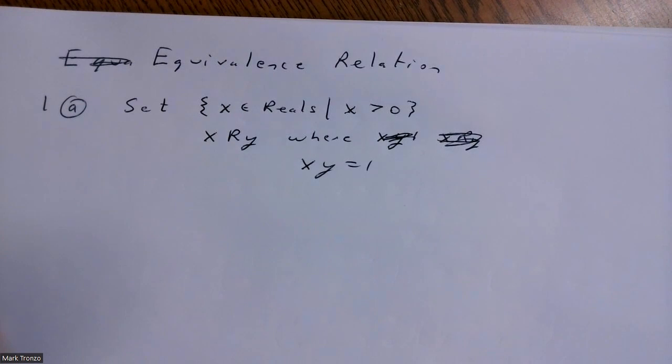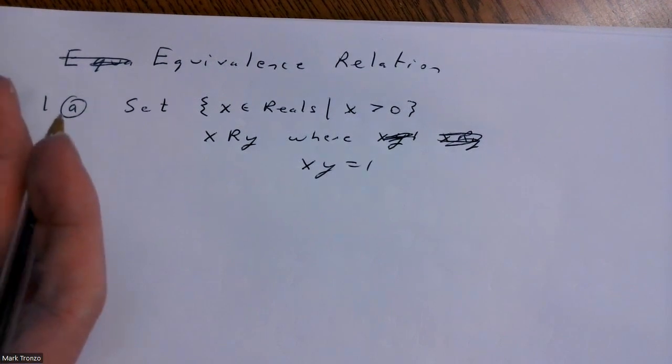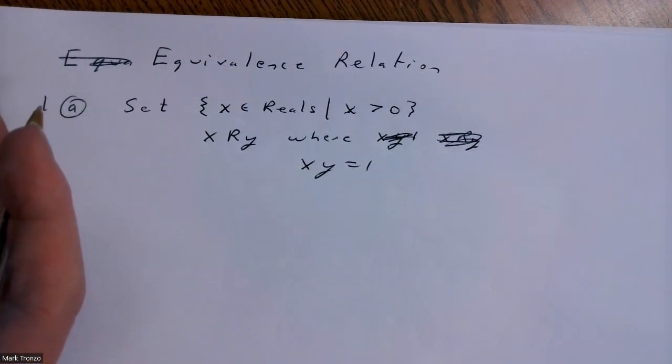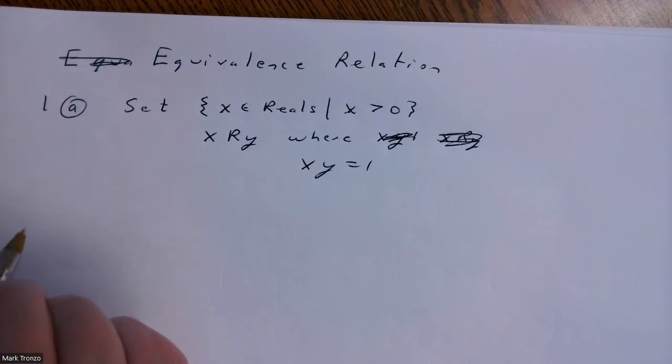And so again, remember we have reflexive, symmetric, transitive. There's a couple ways you could show that it wasn't.